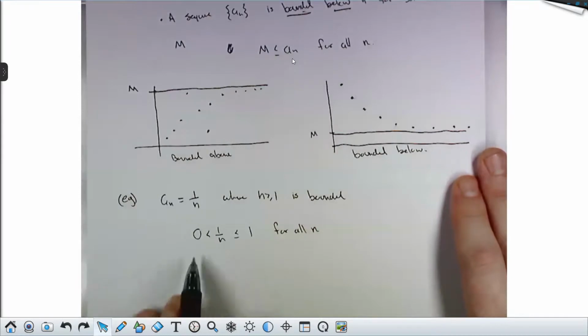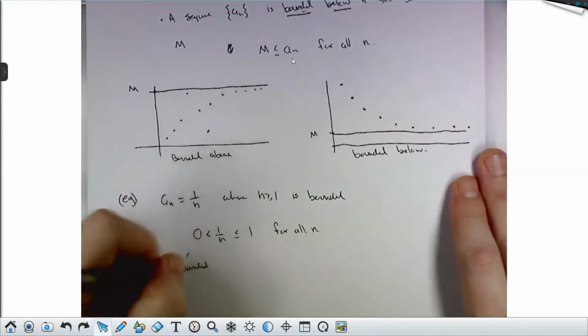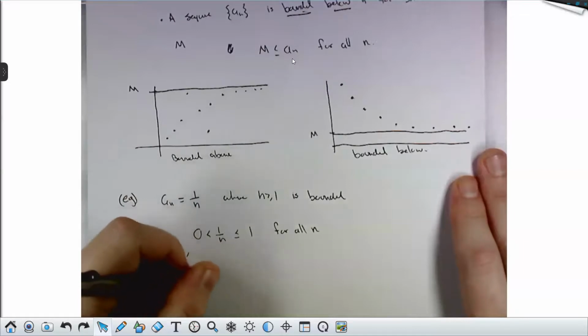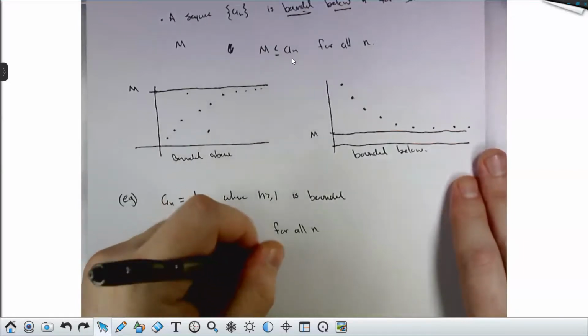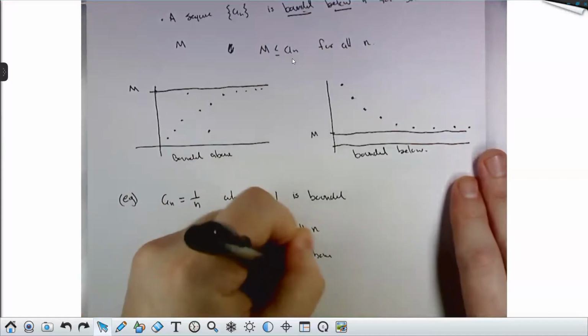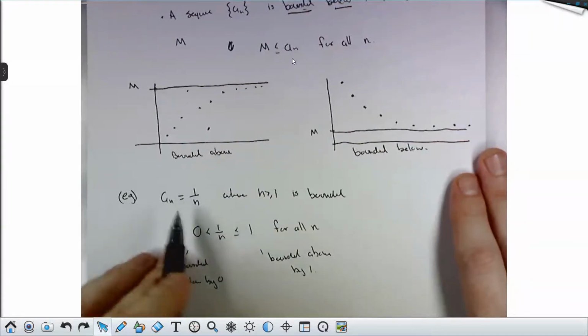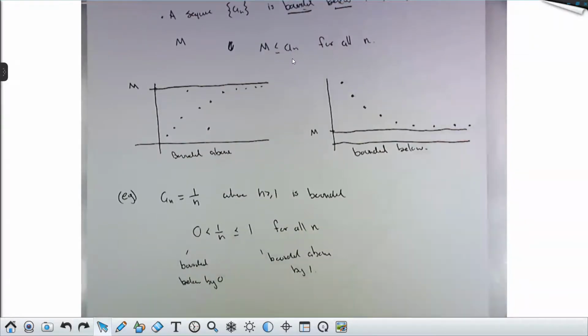So it's bounded below by 0 and bounded above by 1. And we know that this is actually a convergent sequence. The limit here is 0.